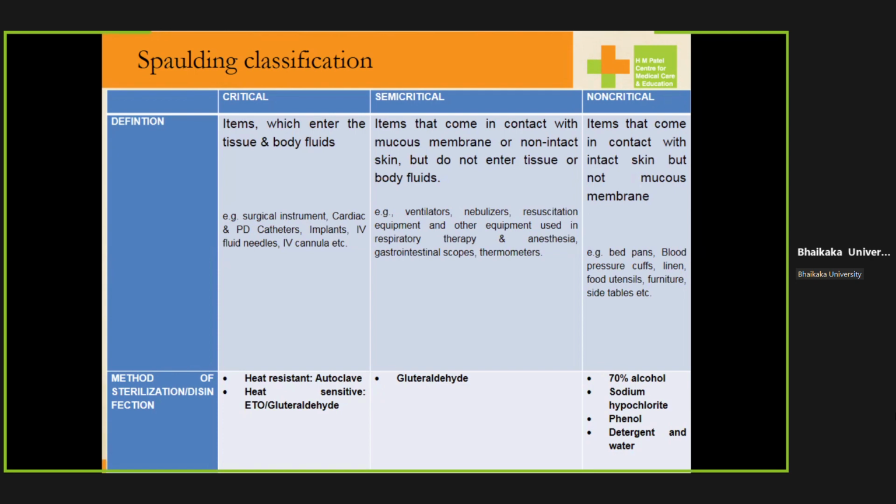But for now, very important for you is when you go to the clinics, you have to look into disinfecting your personal items that you are going to use on patients. Very important is your stethoscope. So you have to make a habit of cleaning your stethoscope again and again using 70% alcohol. Right?